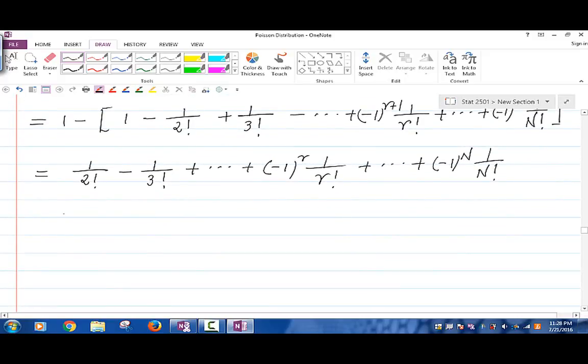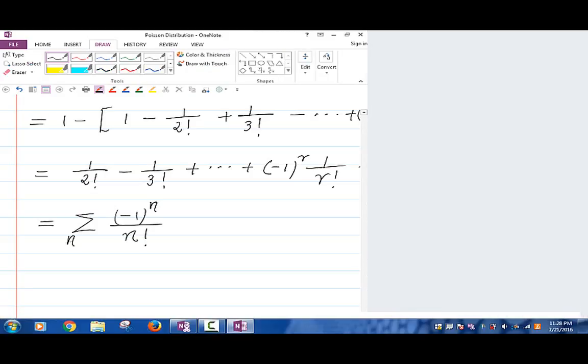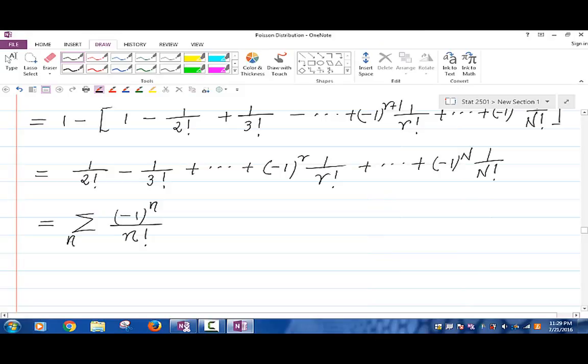And this is equal to the summation of (-1)^n over n!, where n goes from 0 to N. I have to be a little bit careful.